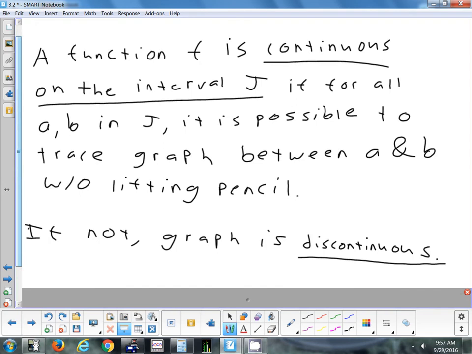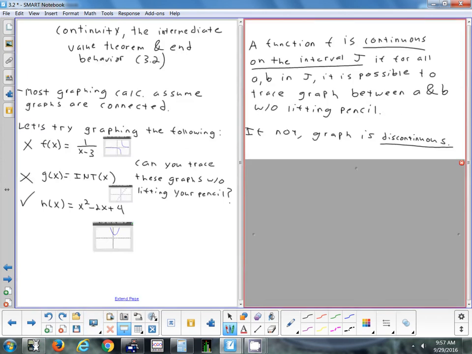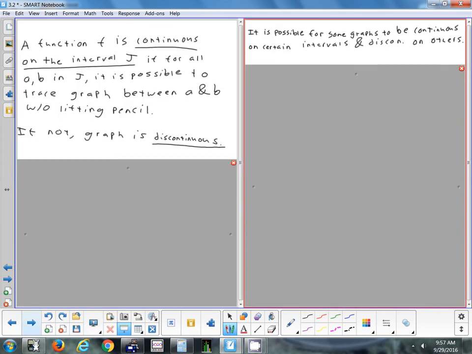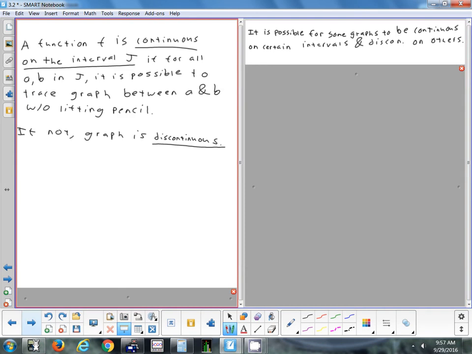Any questions on that idea? Continuous. All right, so it's possible to have some functions that are continuous on certain intervals, but discontinuous on other intervals.